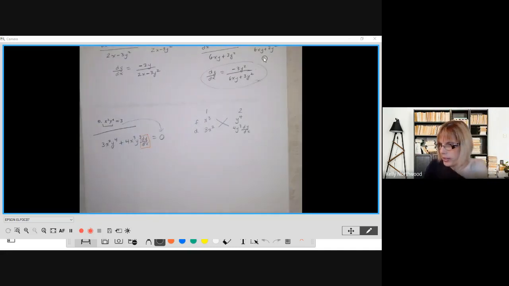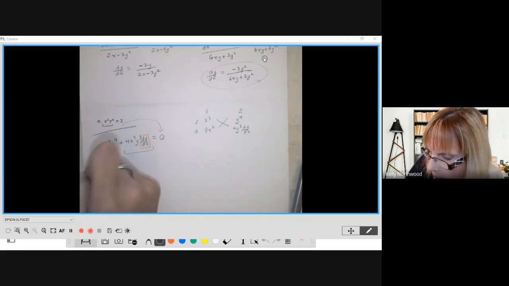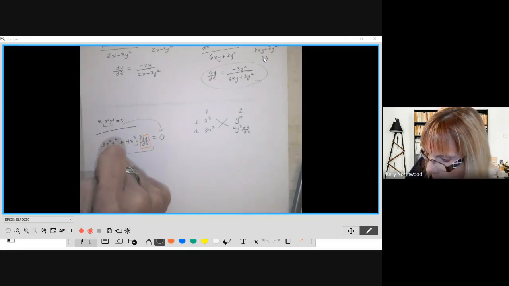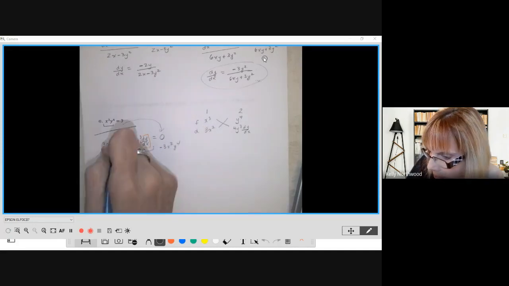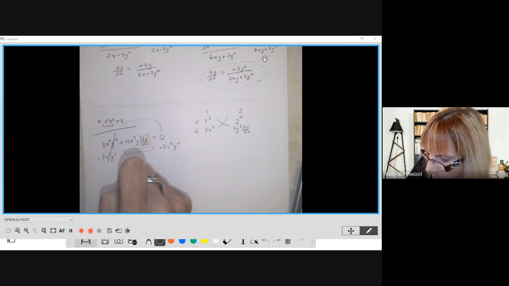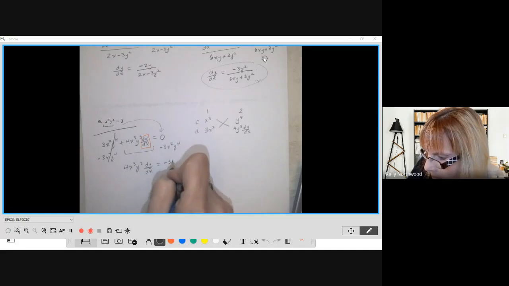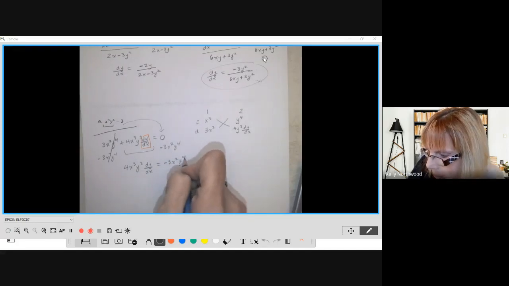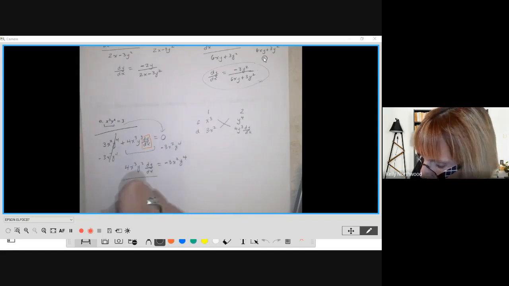So we'll leave this term on the left for now and subtract over this one to the right. Divide both sides.